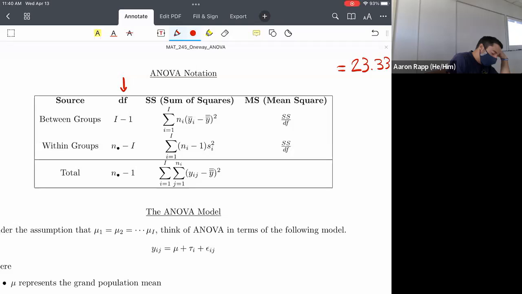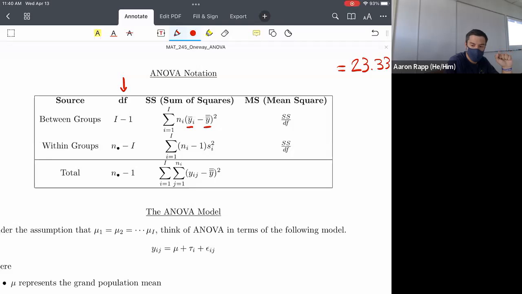And what we're doing here for this sum of squares is essentially a pseudo standard deviation or variance calculation. We're saying, okay, how far does the sample mean for that group deviate from the overall mean, the grand mean for the entire data set?